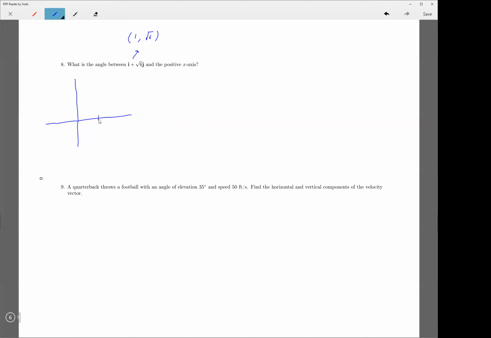So if you come 1 this way, and you come up square root of 6 there, you get that, right? So that's the vector, and so the angle with the positive x-axis, that's going to be this right here.